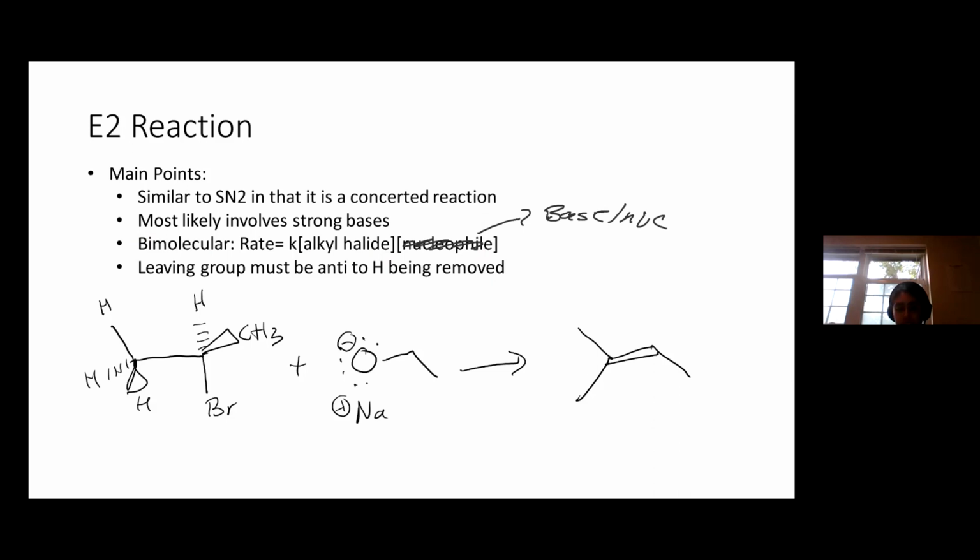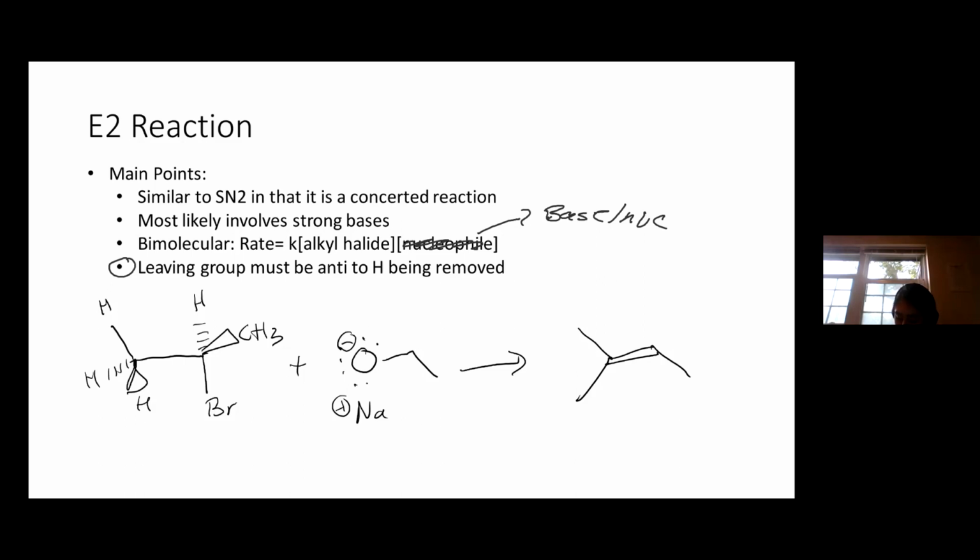One of the main points, which I mentioned in the other slide, is going to be important for this reaction, not so much for E1, but for E2 it is. The leaving group must be anti to the H that is being removed. And what do I mean by that?